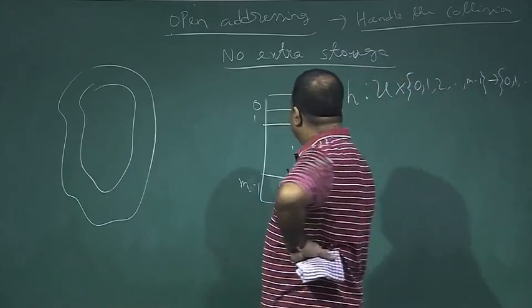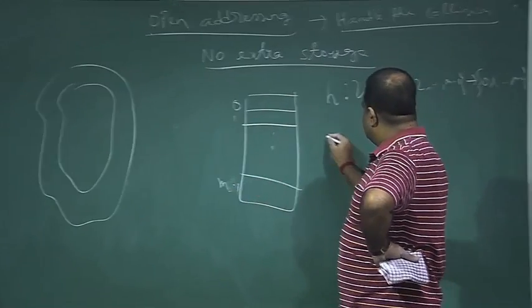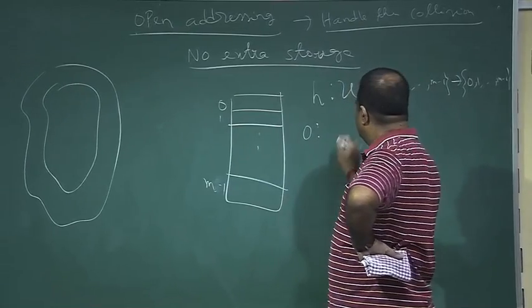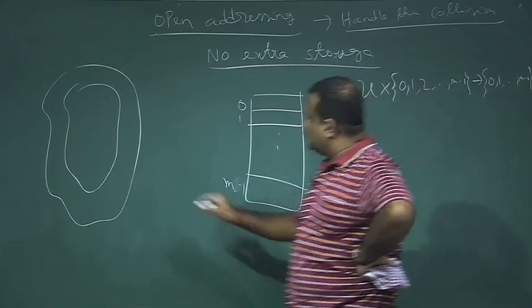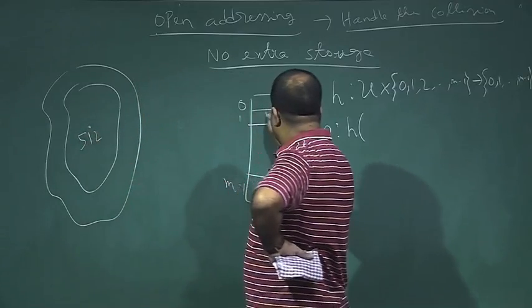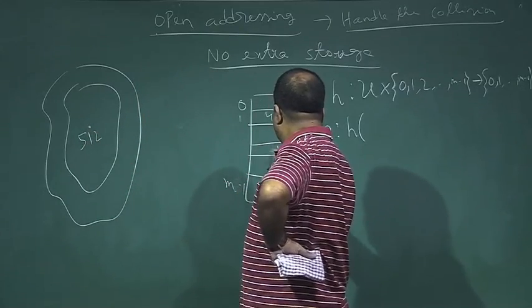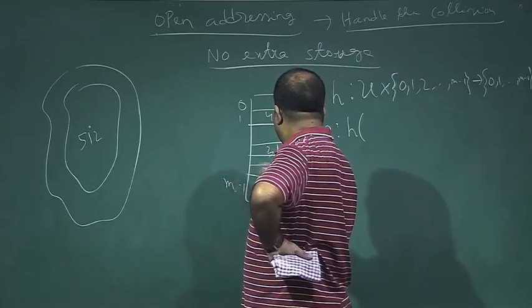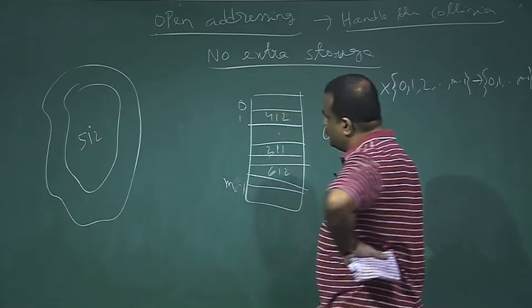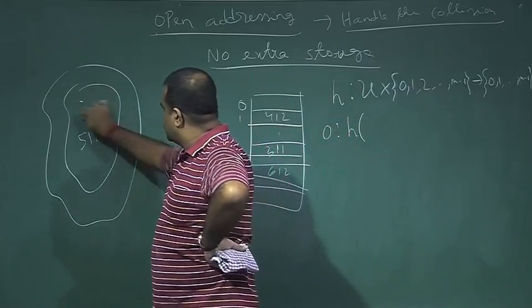We first apply the first probe, the 0th probe. Suppose you want to insert the key 512, and the table has some keys over here, 311, 612, like this.